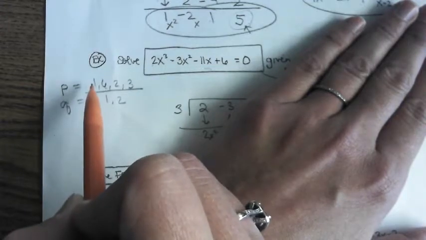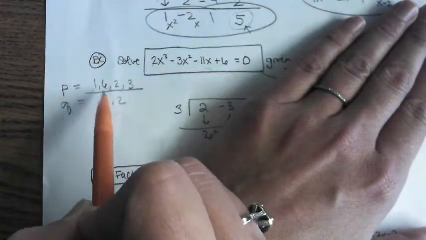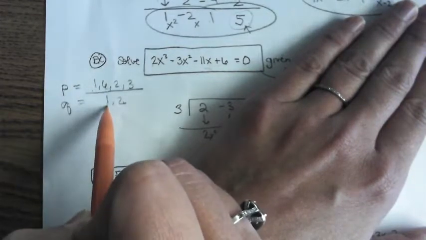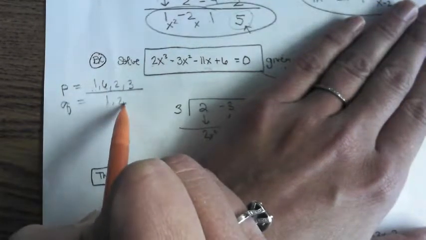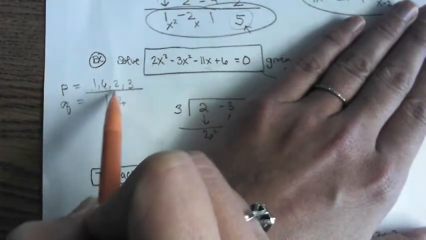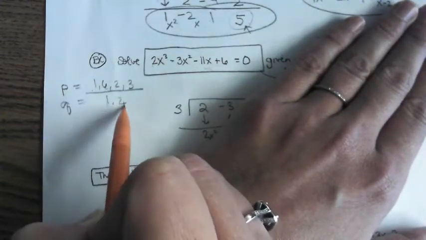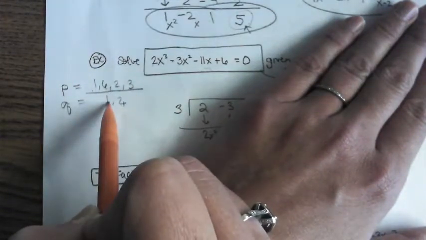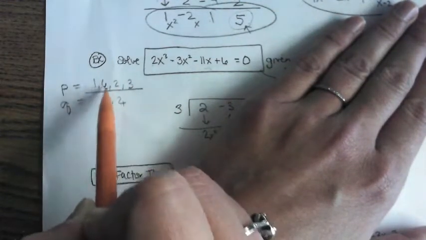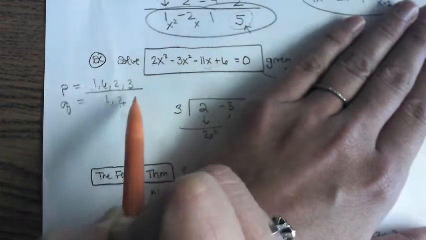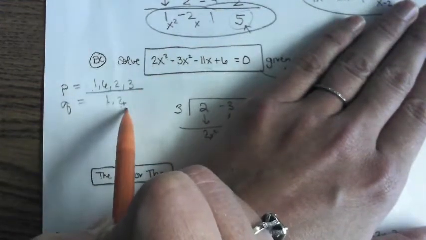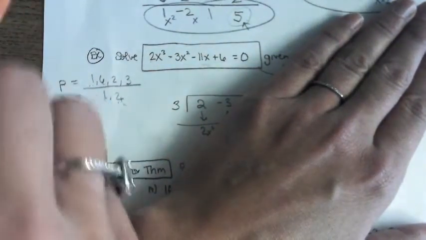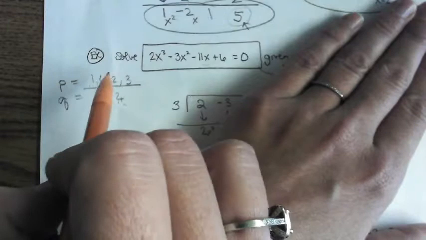Our possible rational roots are 1 over 1, which is 1, 1 over 2, which is 1/2, 6 over 1, which is 6, 6 over 2, which is 3, 2 over 1, which is 2, 2 over 2, which is 1, which some of these you'll see start to repeat, 3 over 1, which is 3, that's repetitive because we'd already done 6 over 2 and got 3, or 3 over 2, which is 3/2, and then the plus or minus of all of those. So if we are to have any rational roots, they need to fall on that list.